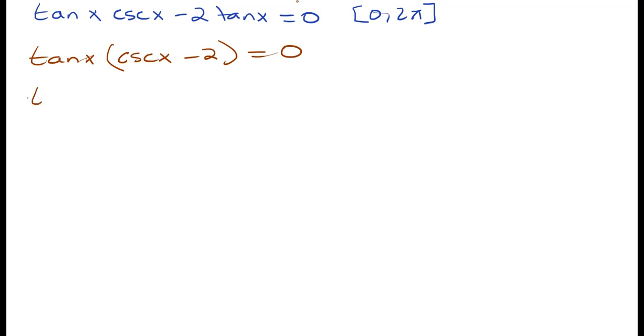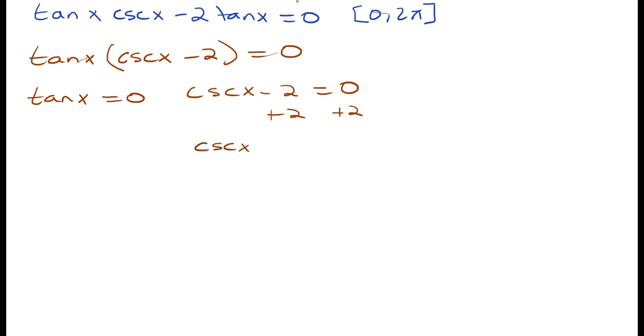So we have tan x equal to 0, cosecant x minus 2 equal to 0. So we add 2 on both sides here. Cosecant x equal to 2. And remember that cosecant is 1 over sine. So if cosecant x is 2, sine x is going to be 1/2.